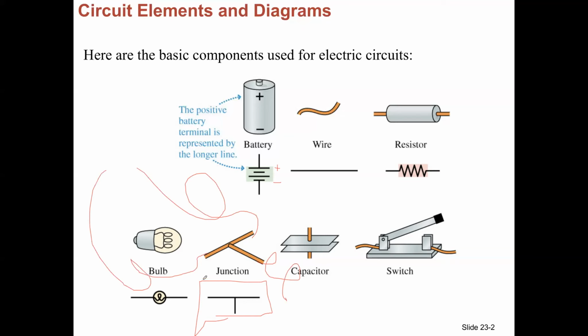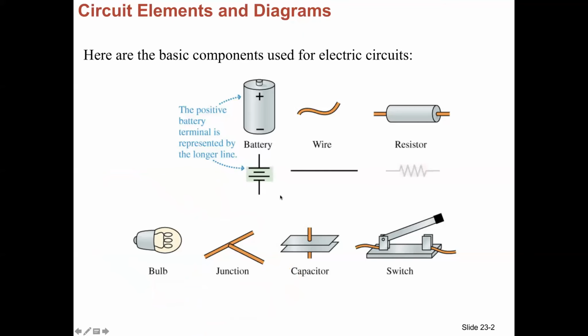We try not to draw that in our diagrams. Instead, we try to keep things as simple as possible. So you always draw wire junctions at right angles and clean things up as much as possible. Let me just go back and get rid of that drawing that I did.